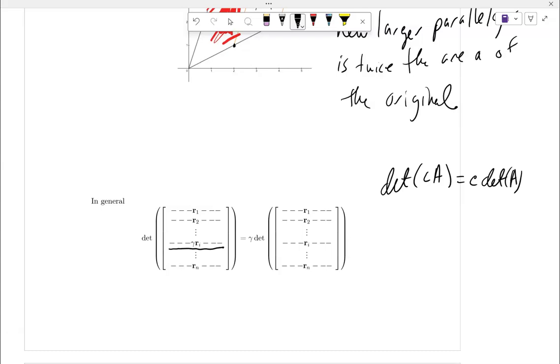This scalar gets multiplied by absolutely everything, right? Which means that C gets multiplied by row 1 and row 2 and row 3 all the way down to row n. So what should I put on this C to make this a true statement? An n power, right? Because I have to pull out a C for every single row.